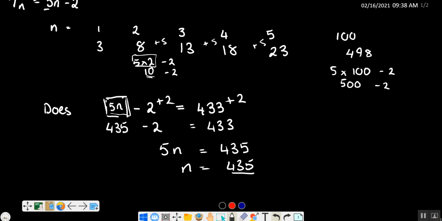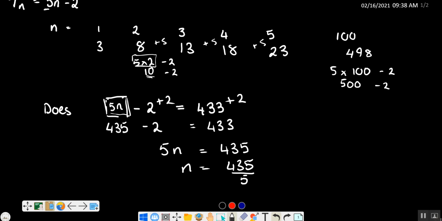435 divided into 5. So how many 5s? Because if you think about how we started, it's 1 5, 2 5s, 3. So I need to know how many 5s I can take out of 435. If you do that on your calculator, Hazel, what's the answer?